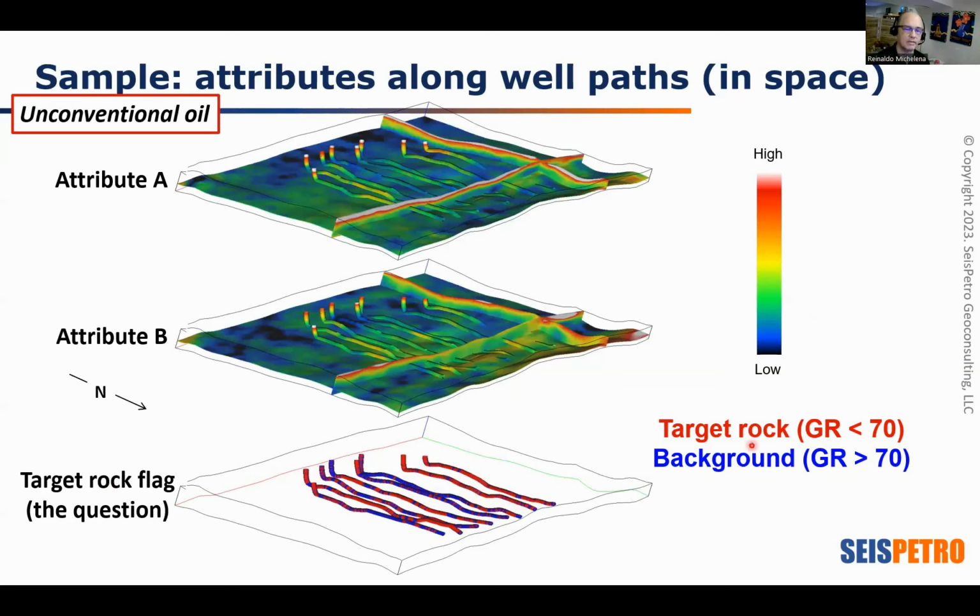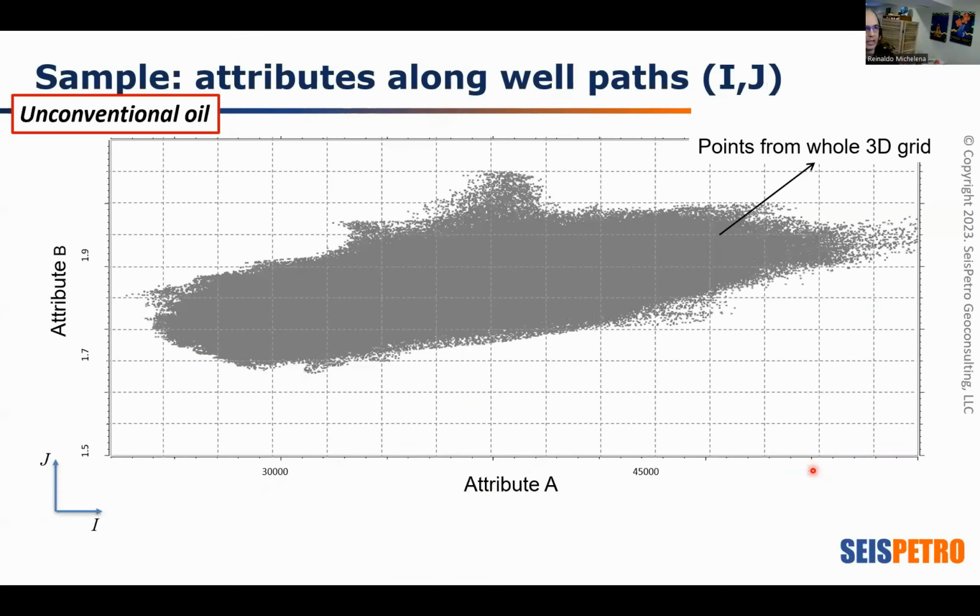So we generated that target rock flag basically using a cutoff of the gamma ray: target rock is gamma ray less than 70, and what we call the background rock is for gamma ray greater than 70. Okay, so this is the sample.